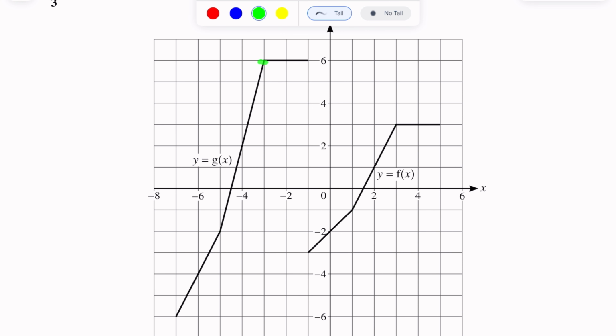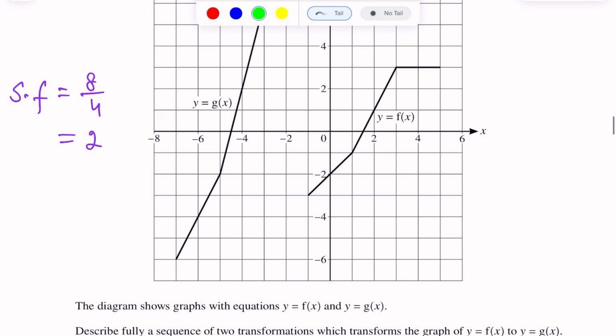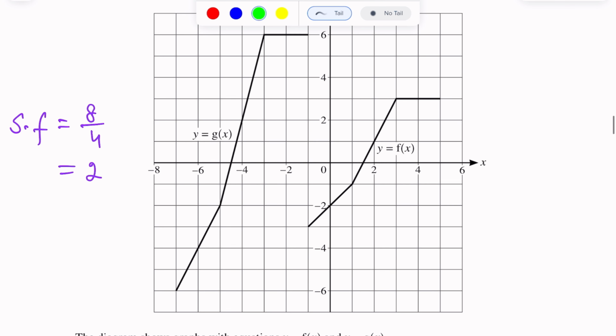The height of the transformed figure is 8 units, but the height of the corresponding original figure is 4 units. So stretch factor will be 8 divided by 4, 2. So stretch along y-axis with stretch factor 2.